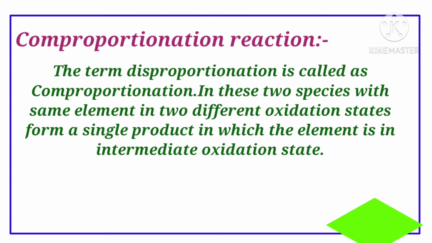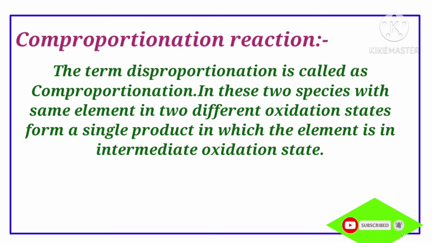Two species that belong to the same element, in different oxidation states, combine to form a single product in which the element is in an intermediate oxidation state. This reaction is known as a comproportionation reaction.